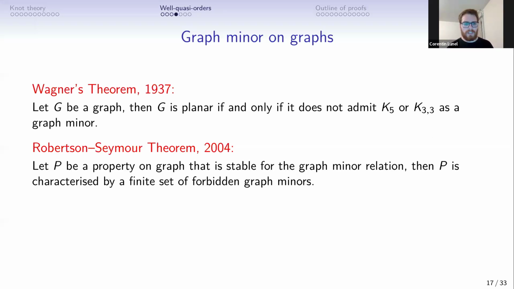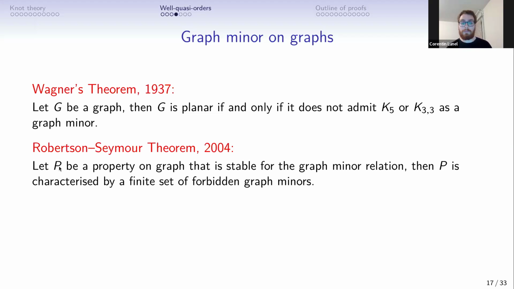In fact, Robertson and Seymour proved, in a long series of 23 papers that they developed over 20 years and released all at once, that whenever you have a property P that is stable for the graph minor relation, meaning that if a graph G satisfies the property then every minor of G also satisfies it, then the property is characterized by a finite set of forbidden graph minors.